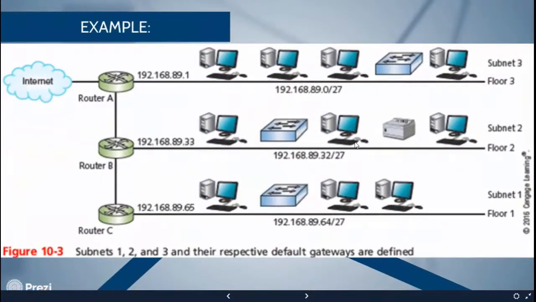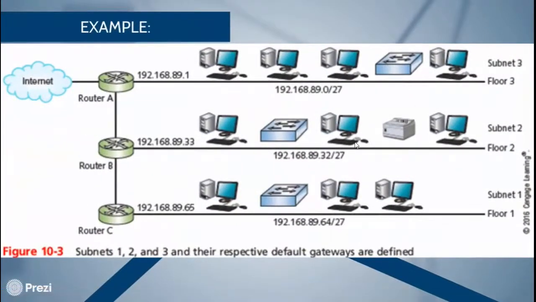So this is an example of applying subnetwork. Now, in our previous activities, we have actually simplified this kind of problem by using switches, okay? But if you're talking about a larger network, it would actually be better to use routers, okay?